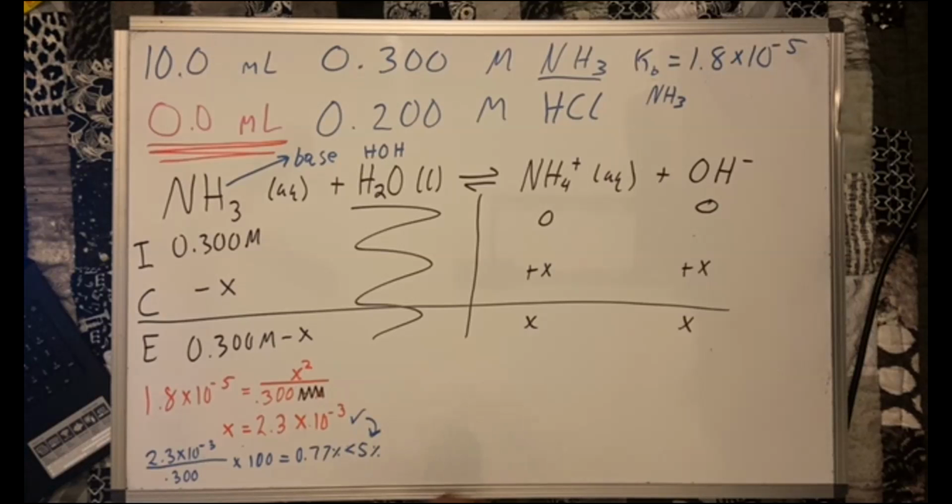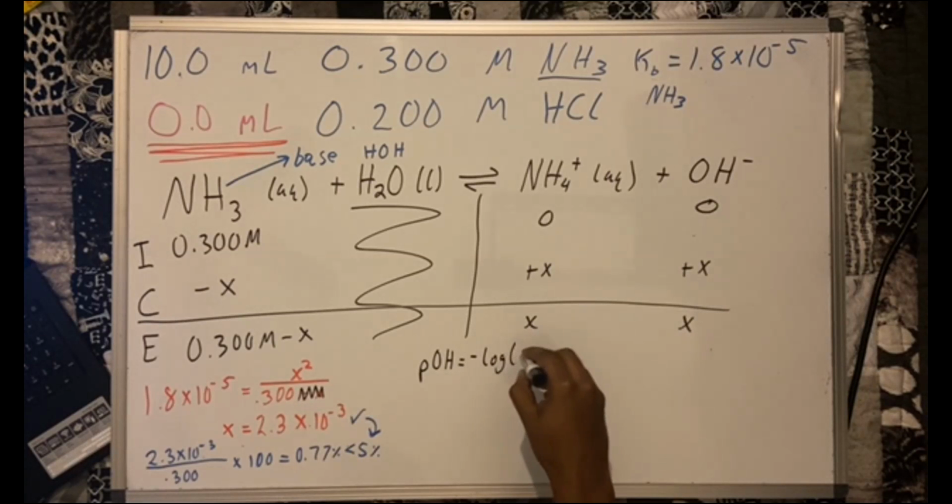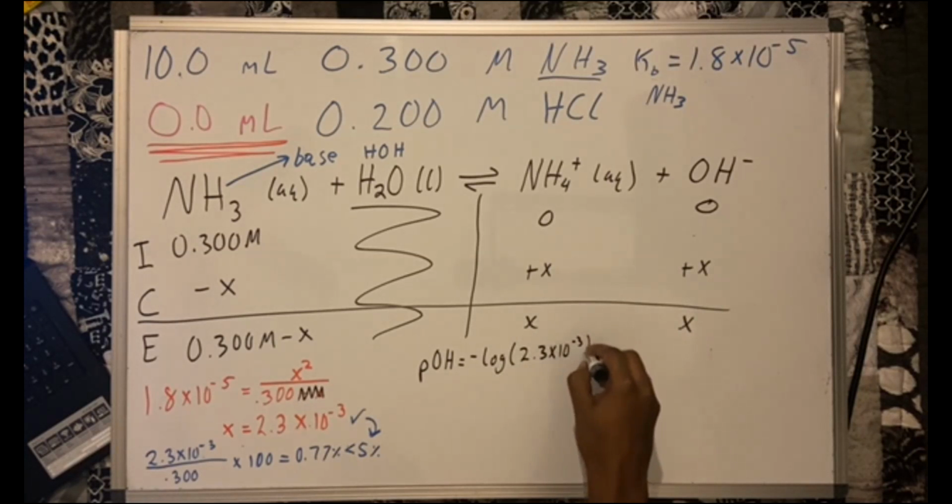Okay, almost done. Now this is my OH minus concentration, so I can get pOH. That's going to be negative log of my 2.3 times 10 to the -3.